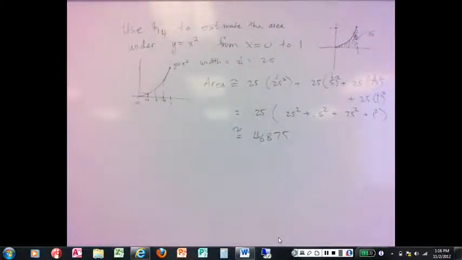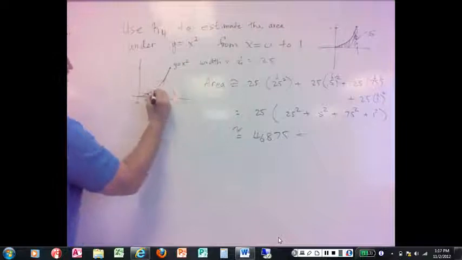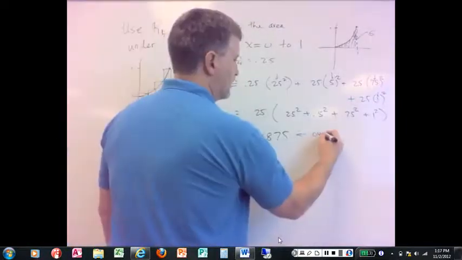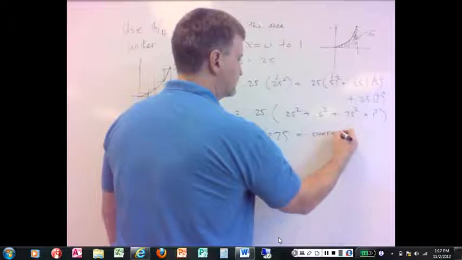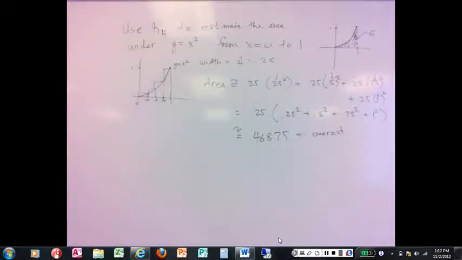Just for comparison's sake, let's point out whether it's an over or underestimate of the actual area. If you draw in the rectangles here, you can pretty clearly see that that's going to be an overestimate, isn't it? So my actual area is somewhat less than 0.46875, which is not very big anyway, but it's going to be even smaller than that.